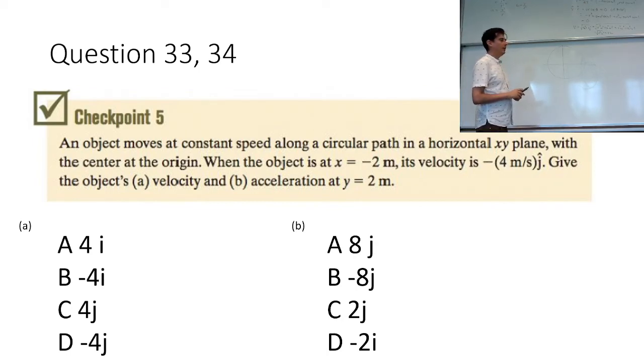So on this diagram, which point on the circle are we talking about here, with this -2 and this -4j? Well, most of you seem to have got it right, so you must have some idea of where this one is.